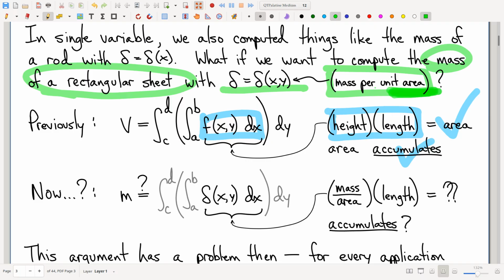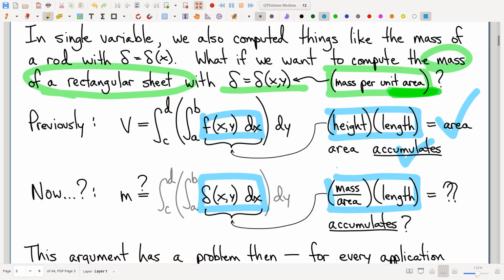Okay, so then what does that mean? The density, mass per unit area, that's the nature of the question. I got to multiply that by a length, dx. But what do we got here? Mass per unit area times length, that's not a thing.